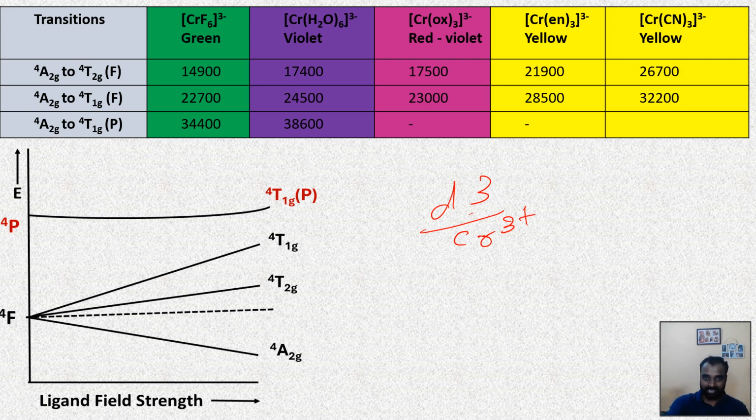Here the ligand field strength is increasing from left to right, and we can see that for fluorine we are getting three transitions, that is the transition from A2G to T1G and to the T1G of P. In the case of oxalate, ethylenediamine and cyanide complexes, we are getting only two transitions because the splitting is much higher, so the excitation energy falls into the IR region. So we are not getting it in the UV visible range. So we are getting only two transitions.